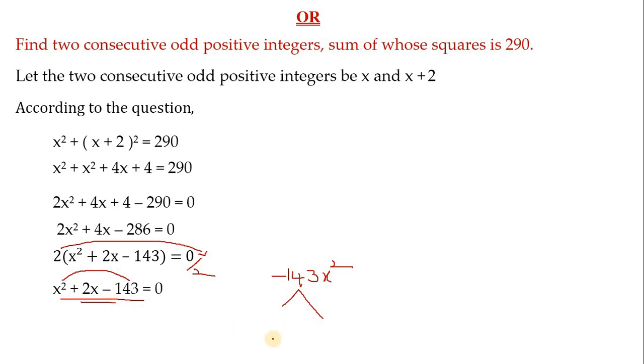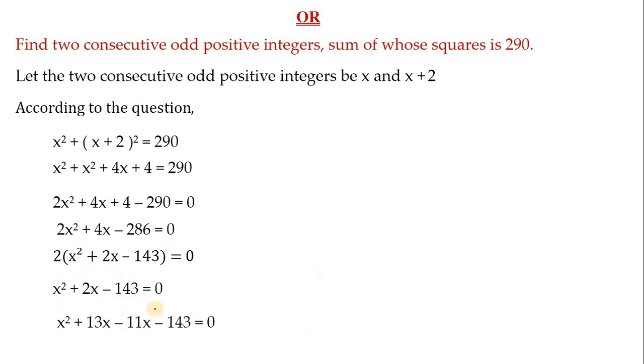So the factors will be 13 into 11. So 13 elevens are 143. But here we have to get minus, and here we have to get plus. So let it be plus this and let it be minus. So if you subtract, we'll get 2, and if we multiply these two, we'll get minus 143. So 1x give to this and another x give it to this.